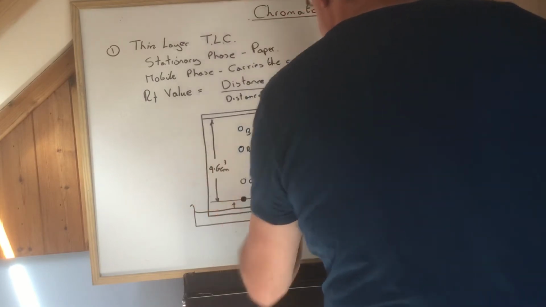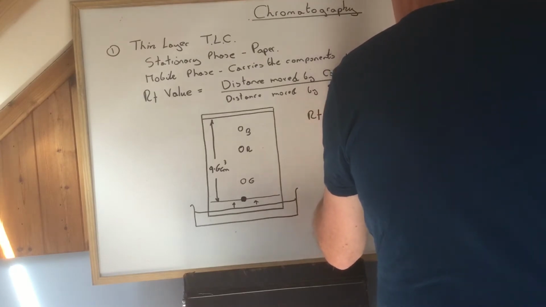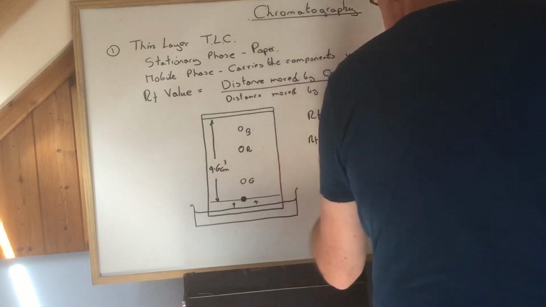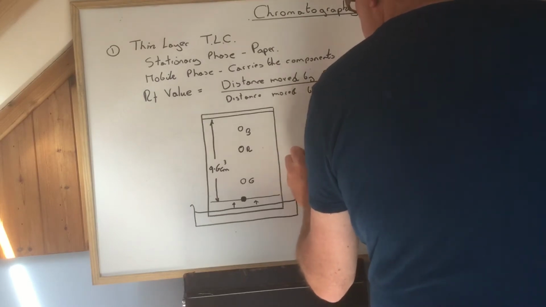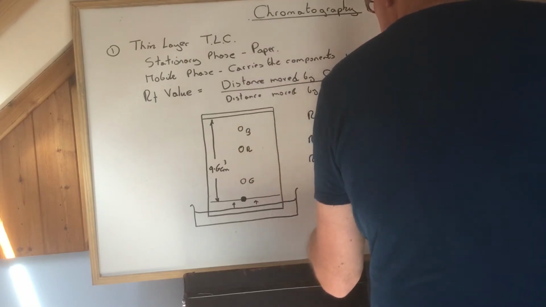So the RF value for the dot that is green, the RF for the dot that is red, the RF for the dot that is blue.